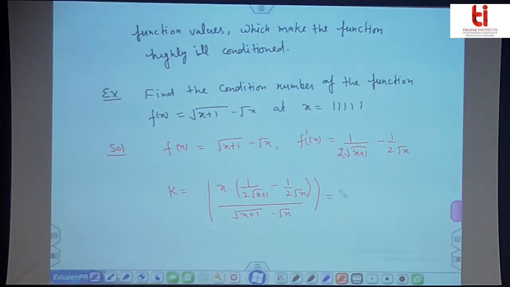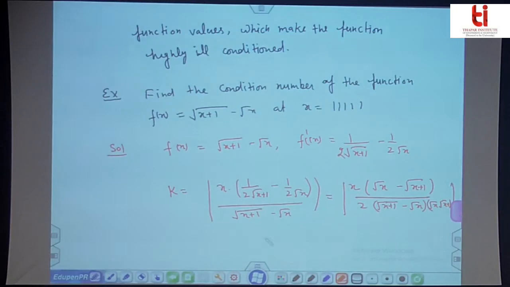What is the value coming out to be here? It is coming out to be x times (under root x minus under root x plus 1) upon 2 times (under root x plus 1 minus under root x) into under root x into under root x plus 1.